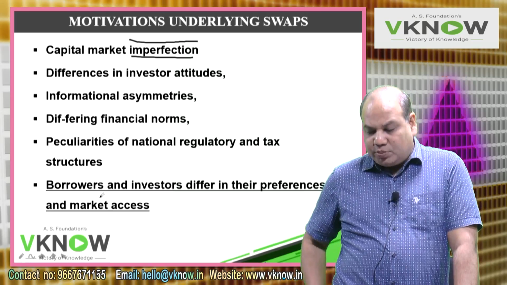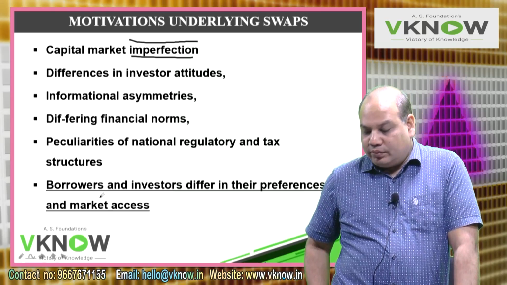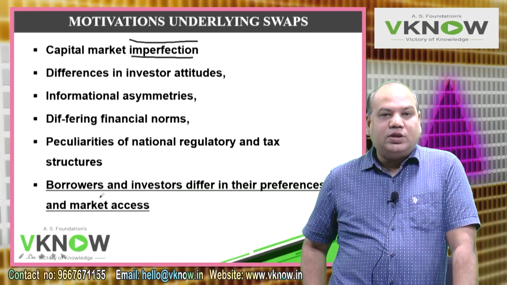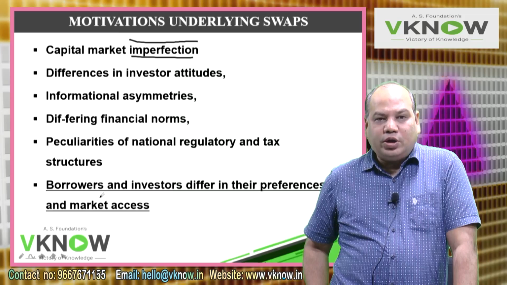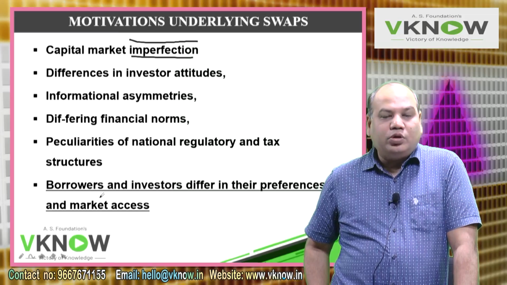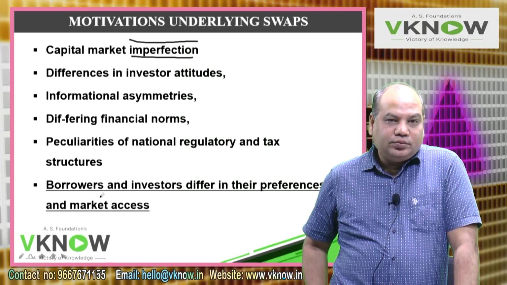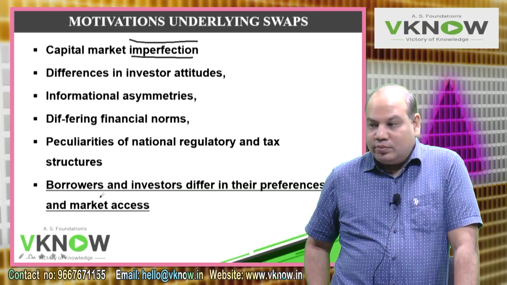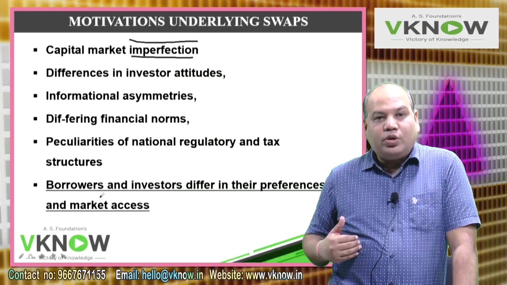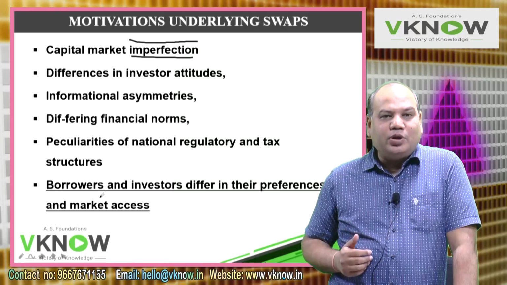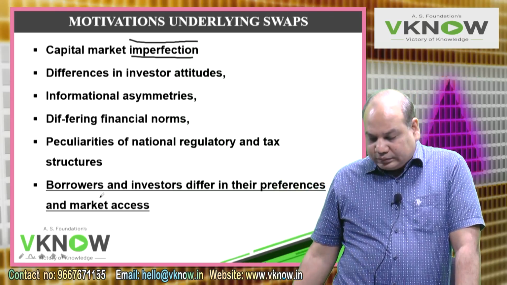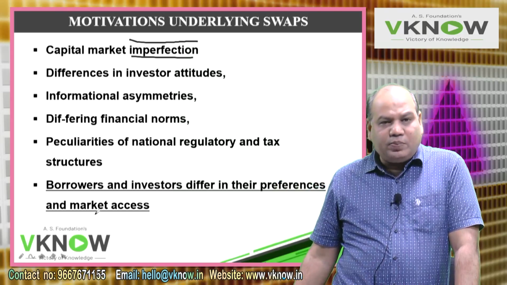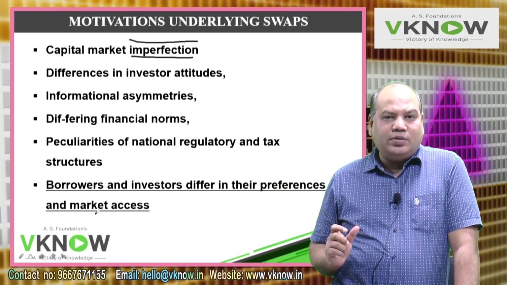And the next point is borrowers and investors differ in their preferences and market access. A borrower wants to borrow at a floating rate, an investor may want to invest at a fixed rate. So how will this transaction happen? Then the borrower will first borrow at a fixed rate and then swap it with somebody who wants a floating rate. And different people have different access to the market.